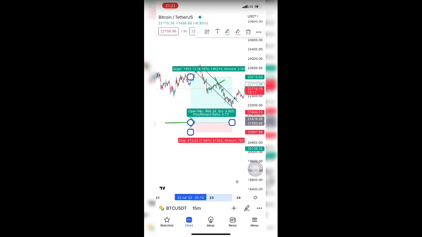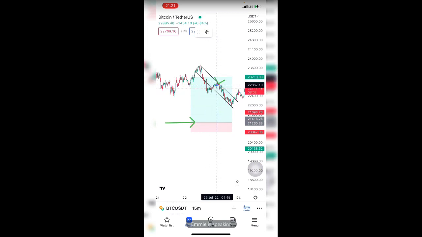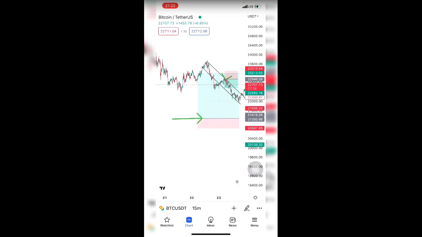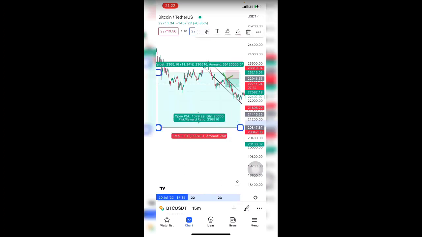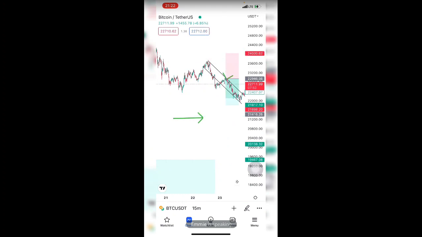When you are predicting that it will come down, which of the two will you use? Short position. So you now place your short position here. This is your area of value. This is where you want to short it. You will enter here.